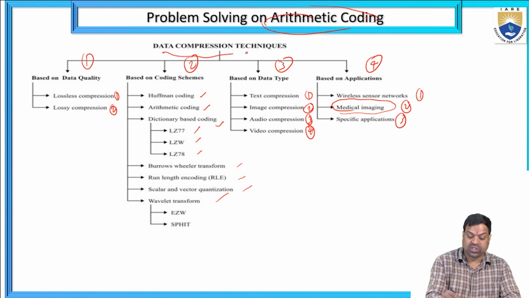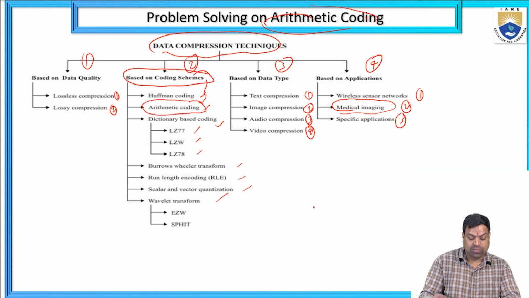So arithmetic coding is nothing but data compression. It is a coding scheme. So lossless and lossy compressions are there.